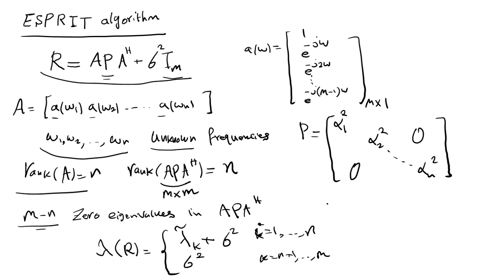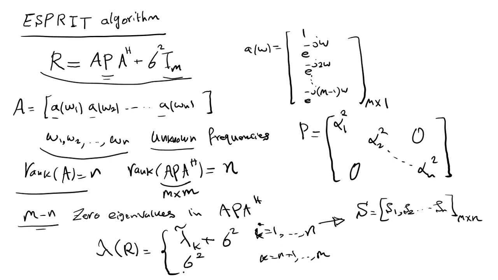I can divide the space into two subspaces. The signal subspace is formed by matrix S, which includes eigenvectors corresponding to lambda 1 until lambda n. This is an M by n matrix.